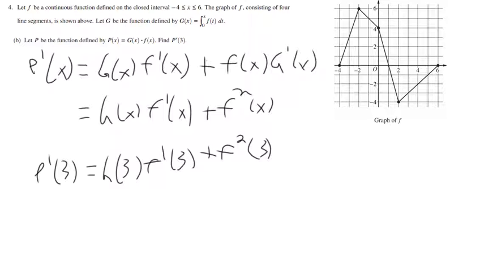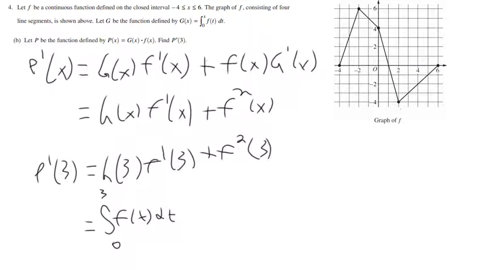Now I just need to compute these values. g of 3 is going to be the integral from 0 to 3 of f of t dt. f prime of 3 is going to be my slope of f at 3. Here's 3, and as we can see, for our slope here, we're going up 4 and over 4, so our slope there is just 1.